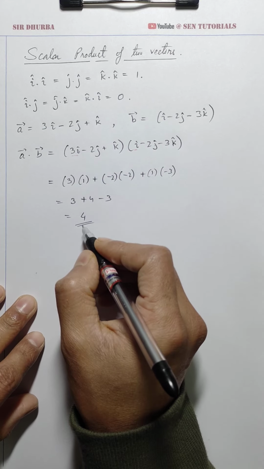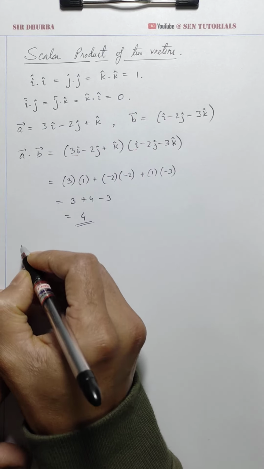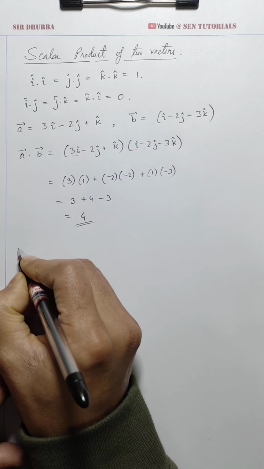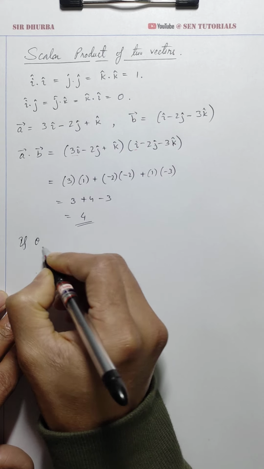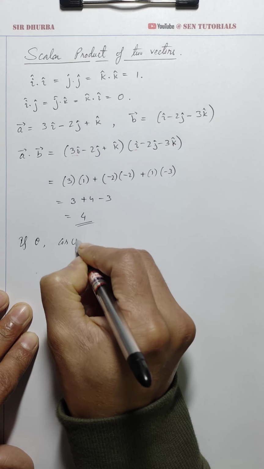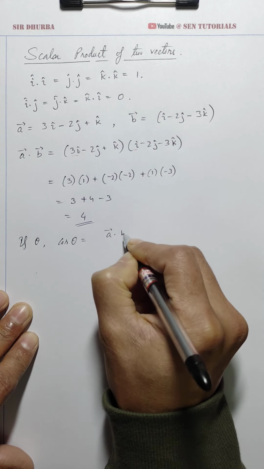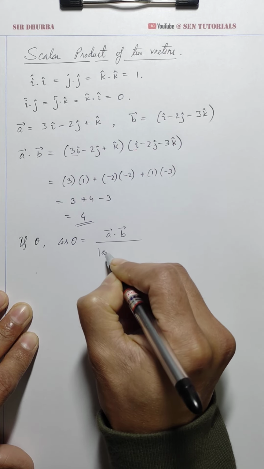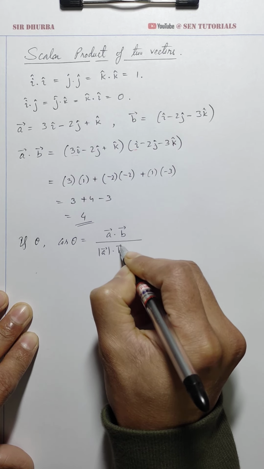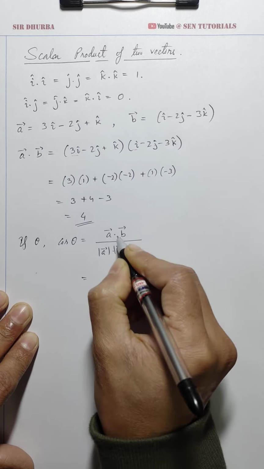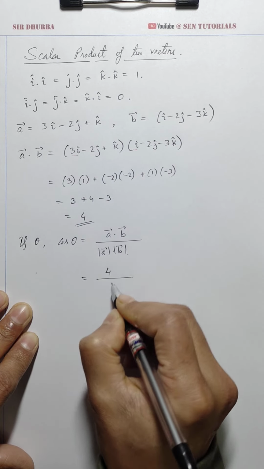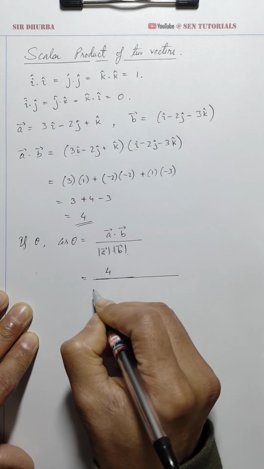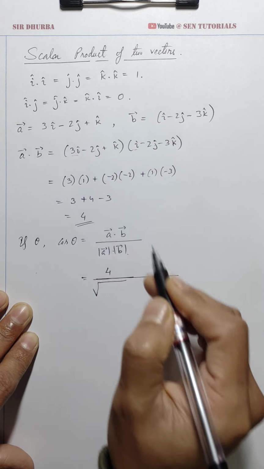Now if you have to find the angle between these two vectors using the dot product, what was the formula? If theta is the angle between the two vectors, then cos theta is given by a dot b divided by magnitude of a into magnitude of b. The dot product we have already calculated, so I'll write it here: 4. And how do we calculate the magnitude of a vector? Root over the sum of the squares of its coefficients.